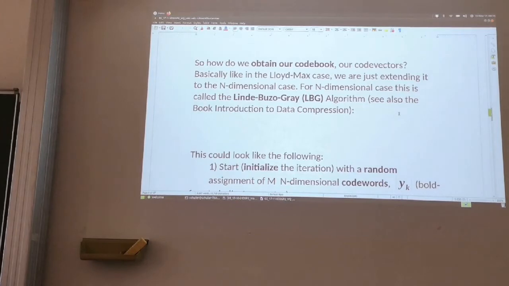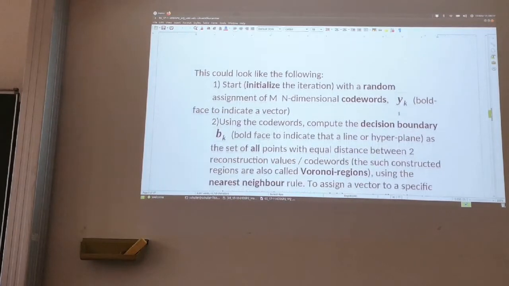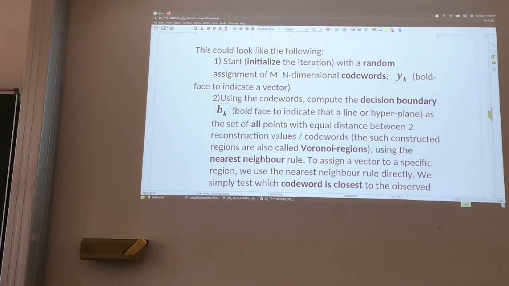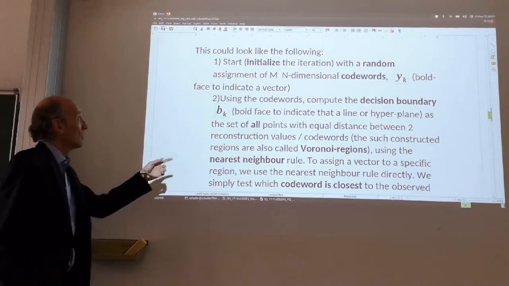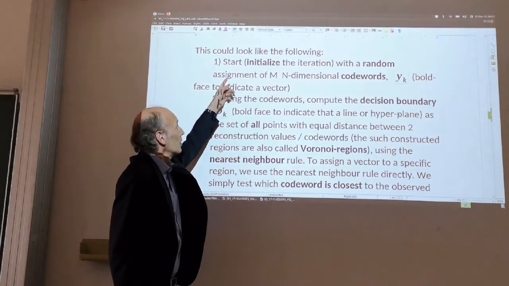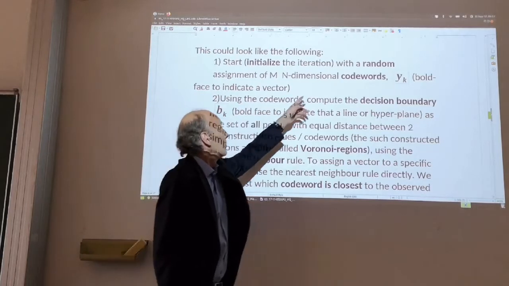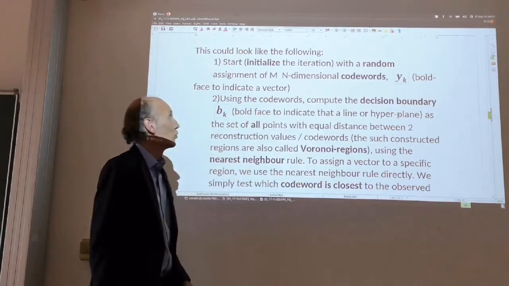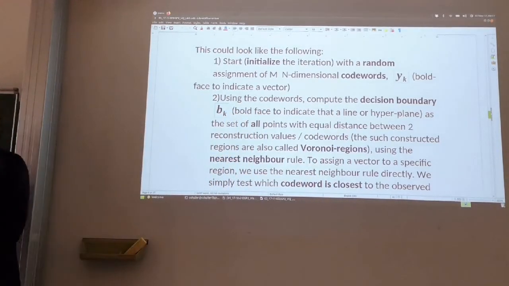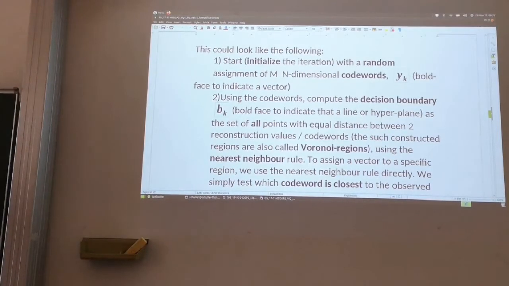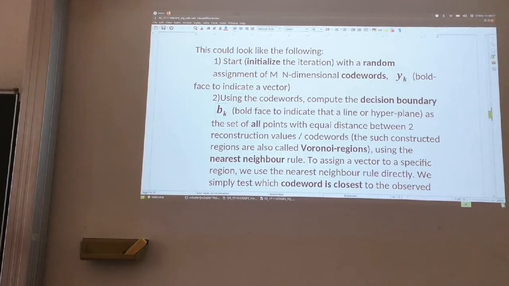It looks very similar to Lloyd-Max. So we have some initialization with K random n-dimensional code words. We don't need to start with random code words, but that's really the easiest case. If you have a better initialization, that's fine too.